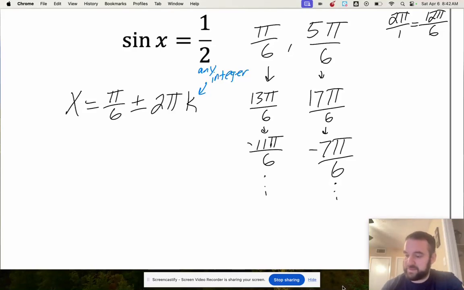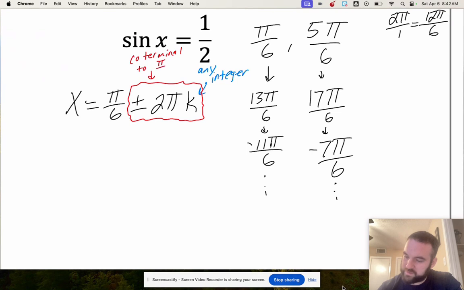This is the notation that we are going to use to show that not only is pi over 6 a correct answer, but anything that is coterminal to pi over 6.